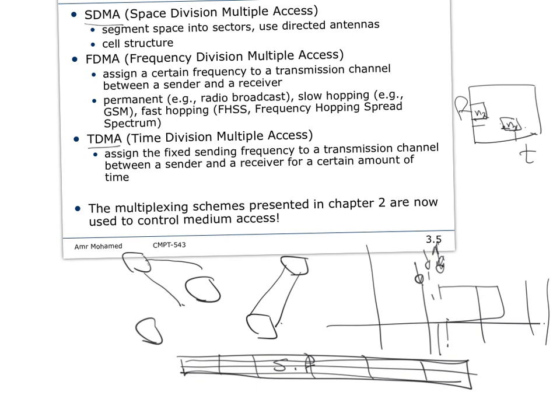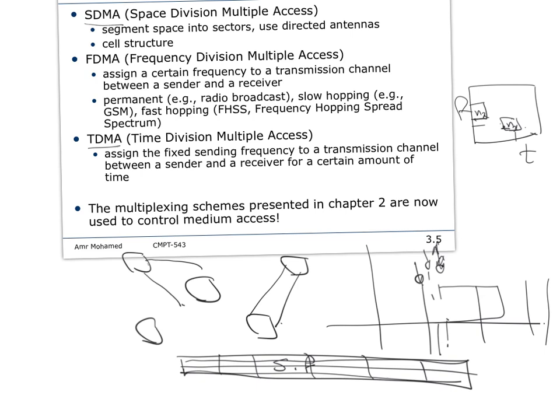And then I assign each frequency and time to a particular node. After the super frame is finished, I can reallocate these resources to the same nodes or to other nodes based on certain logic. So this is called slow hopping because here the node moves from one frequency to another relatively slowly.